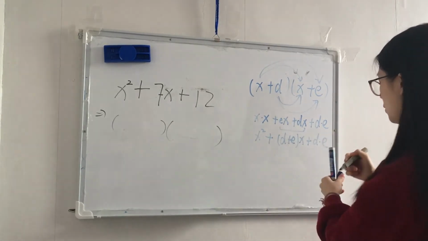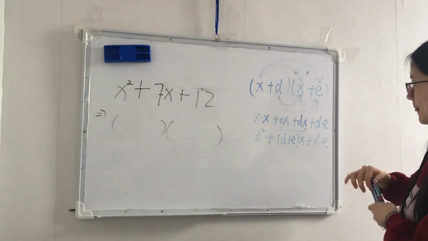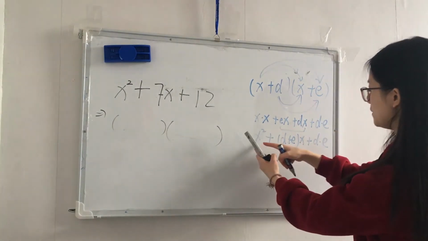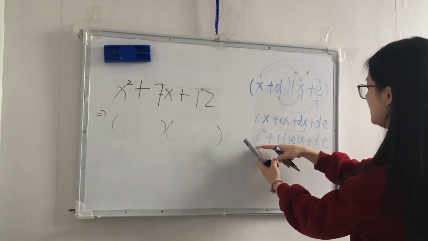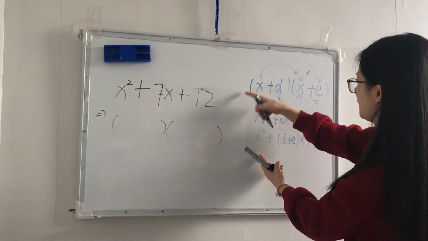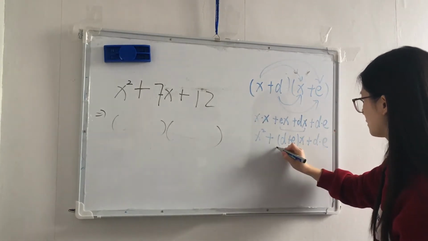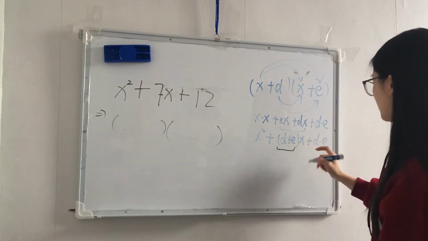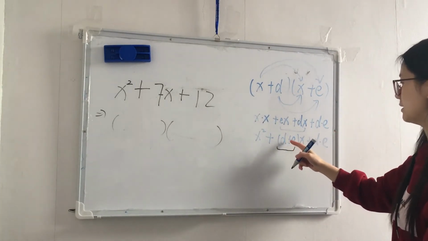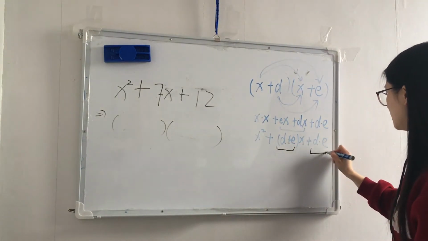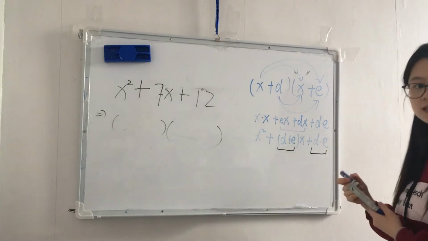You see, what you guys can notice, if we are given this, you can think about this as a factor form, right? So you see this term is a summation, d plus e, and the constant is d times e.